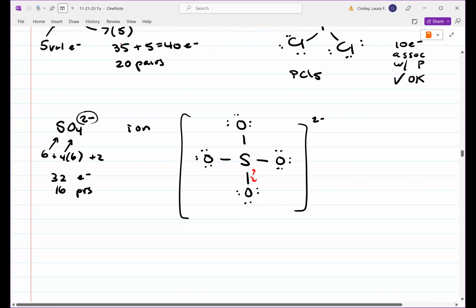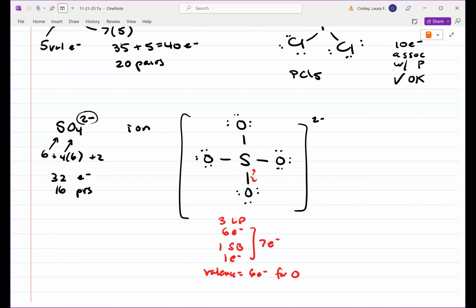So it's 1, 2, 3, 4, 5, 6 for the lone pairs. So 3 lone pairs, 6 electrons. And there's 1 single bond, that's 1 electron. So that's 7 electrons. But the valence is 6 for oxygen. So what does that make the formal charge on the O?